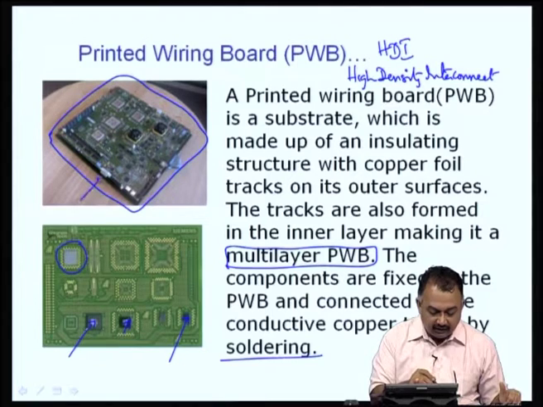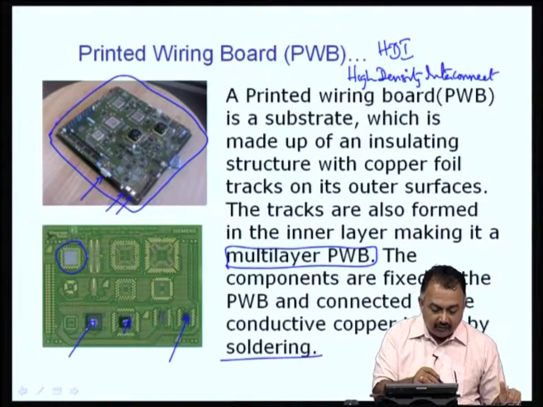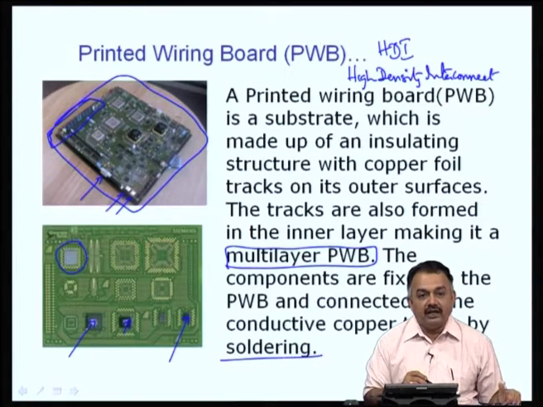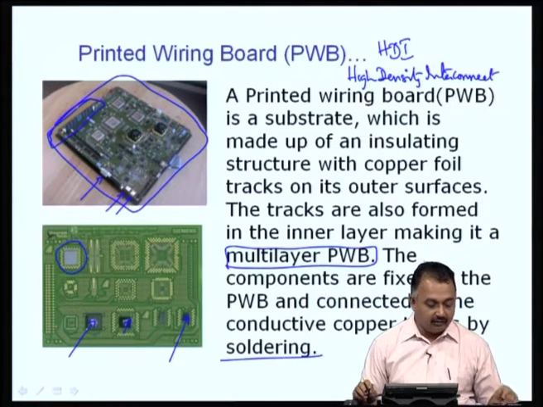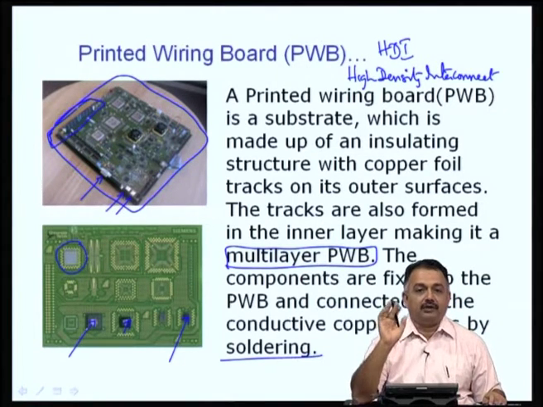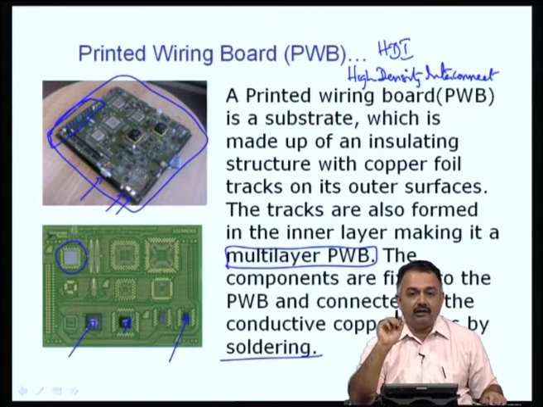You can see connectors, right. You can see various connectors used at the periphery of the device, and there are some relay type of components which are mounted at the edges, so that you can have access to repair these devices during the working of the product. So, this is the basic definition of a printed wiring board, very simple.